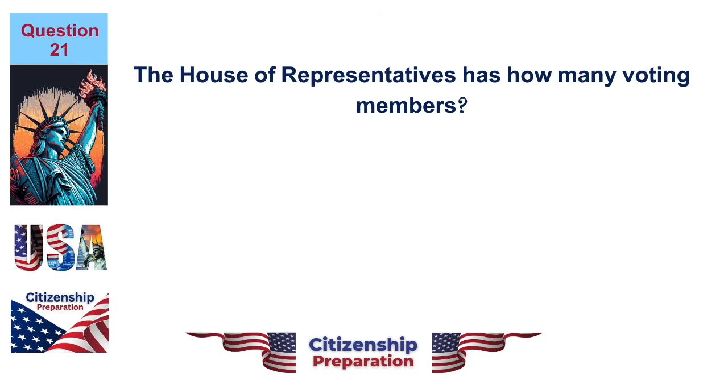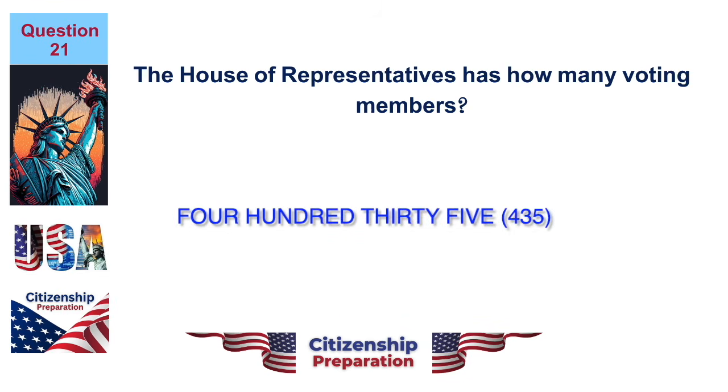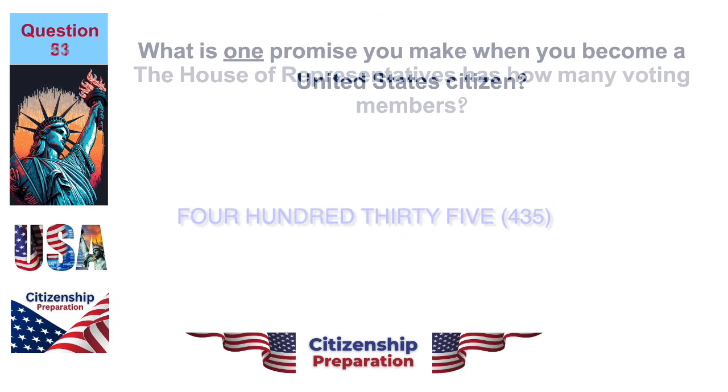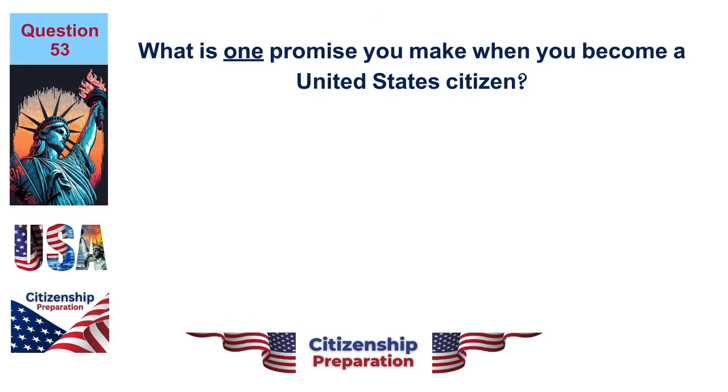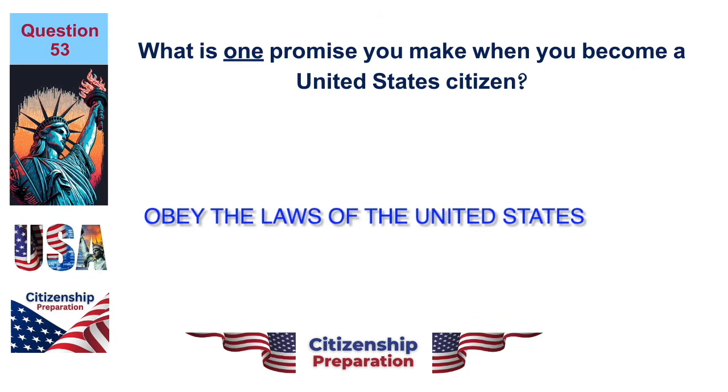The House of Representatives has how many voting members? 435. What is one promise you make when you become a United States citizen? Obey the laws of the United States.